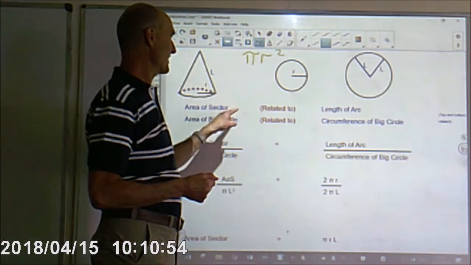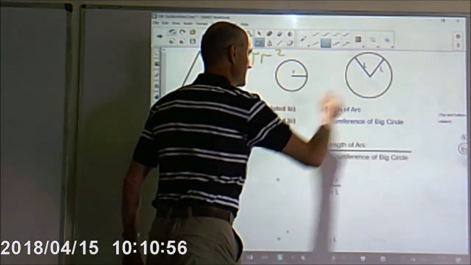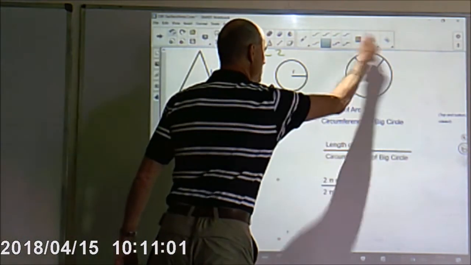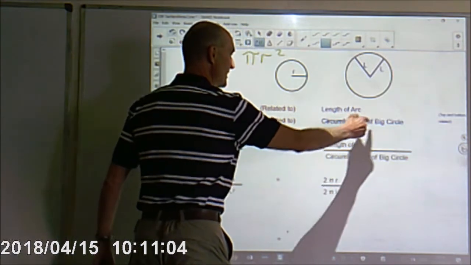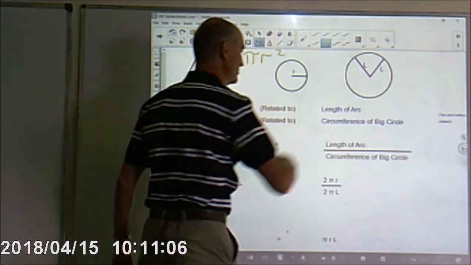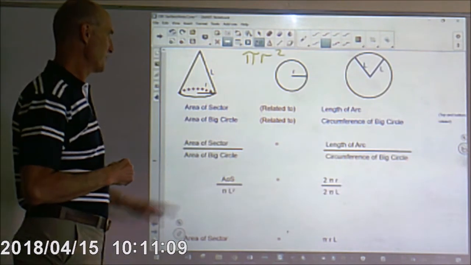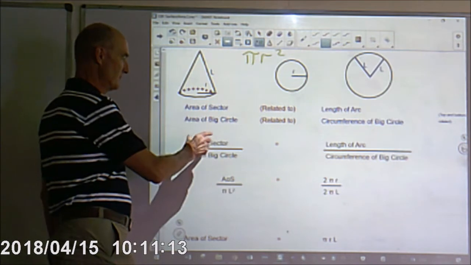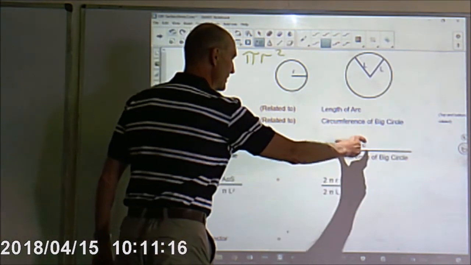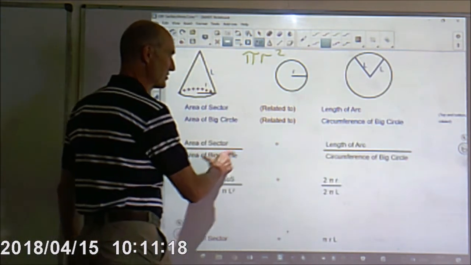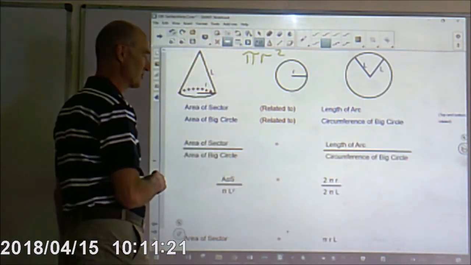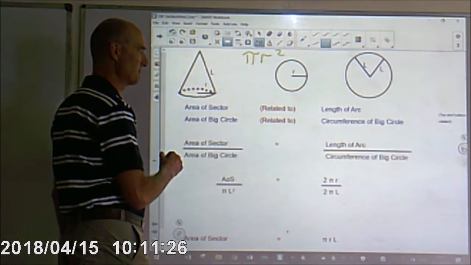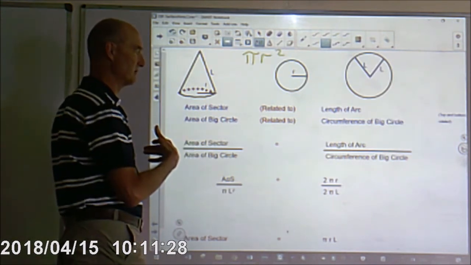So the area of the sector is related to the length of that arc, and the area of the big circle is related to the circumference of that big circle. So because they are related to each other, I've formed an equation there. The area of the sector is in proportion to the length of the arc. The area of the big circle is in proportion to the circumference of that big circle. So I've made them equal, because they're proportionate to each other.